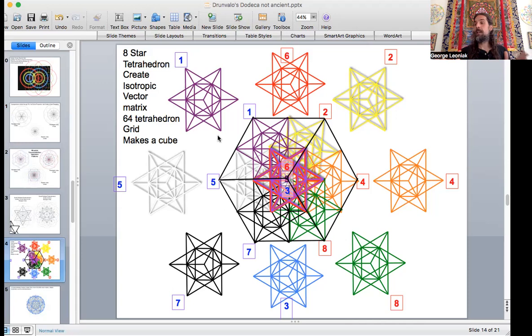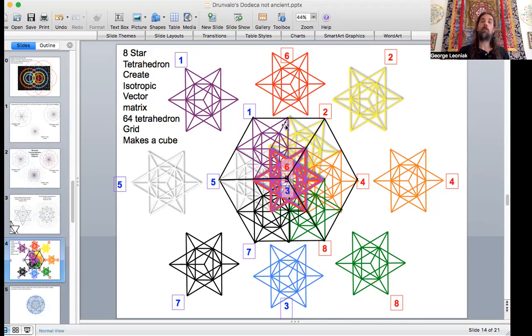When I was just working with the flower of life, I didn't know how phi integrated in it, and I realized after some time that it didn't. So I was pretty much working with these star tetrahedrons and putting them together into the isotropic vector matrix, the 64 tetrahedron grid, which essentially makes 1 cube.